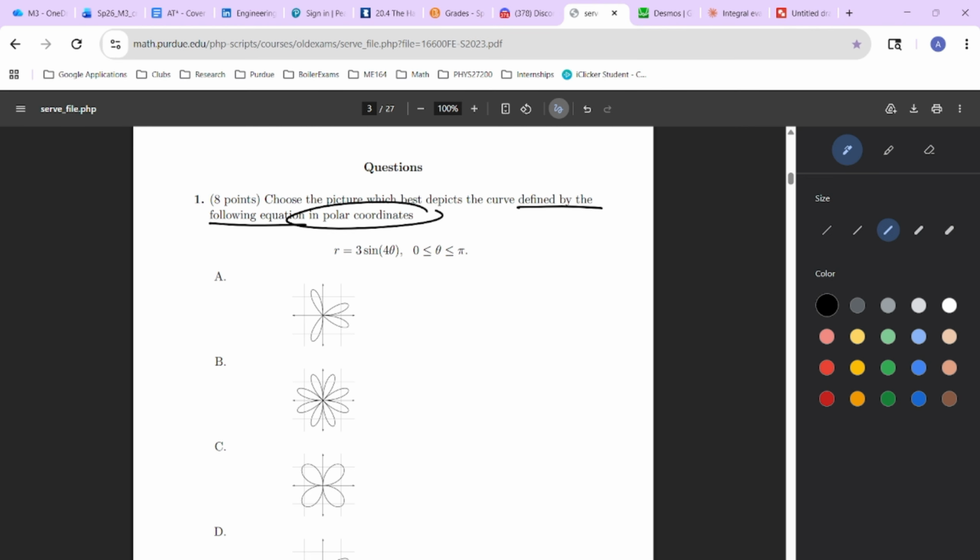Let me just remind you of how to define a polar coordinate based on r and theta. Polar coordinates, like Cartesian coordinates, rely on an ordered pair, but the units of the ordered pair are different.